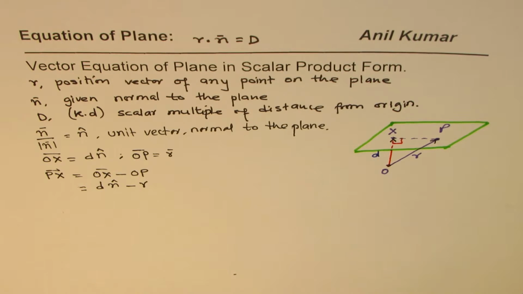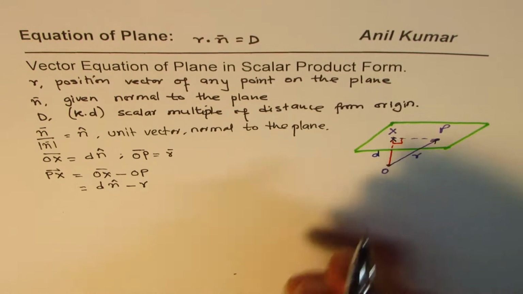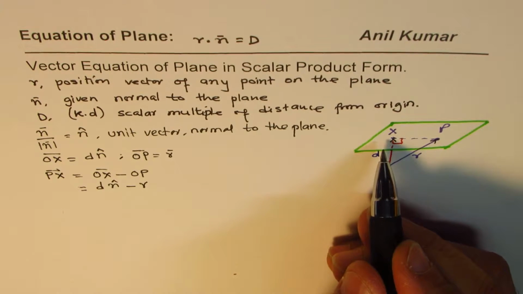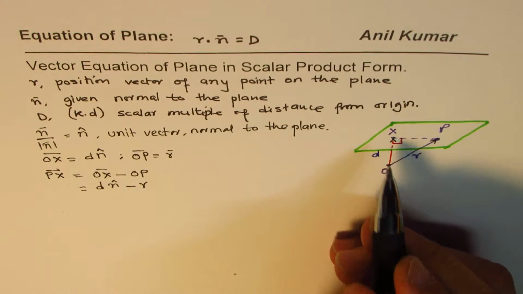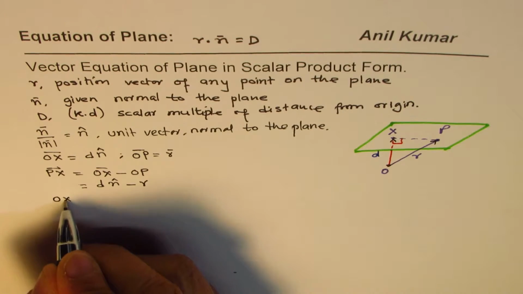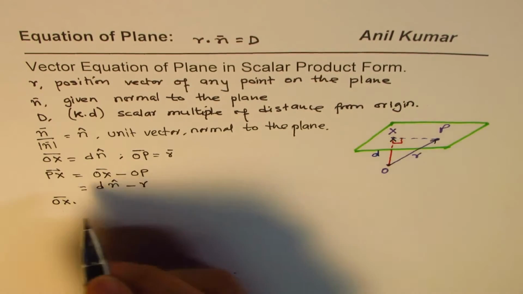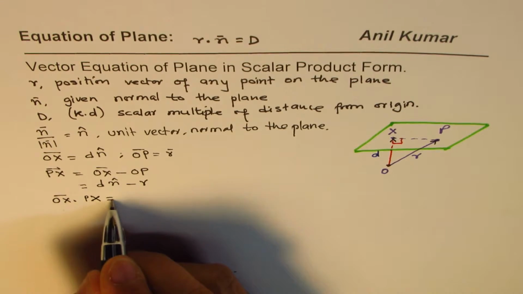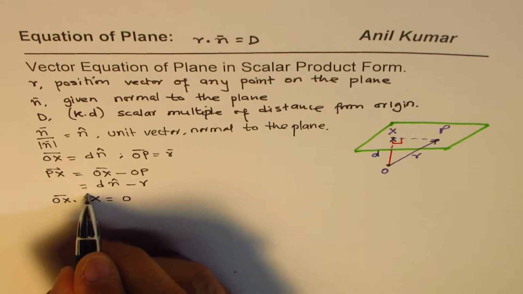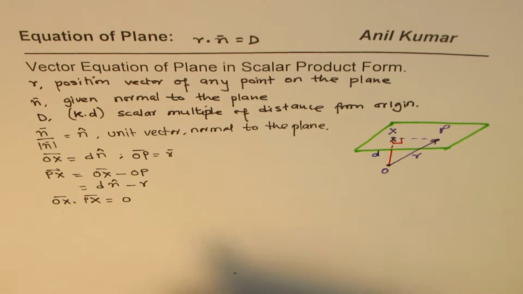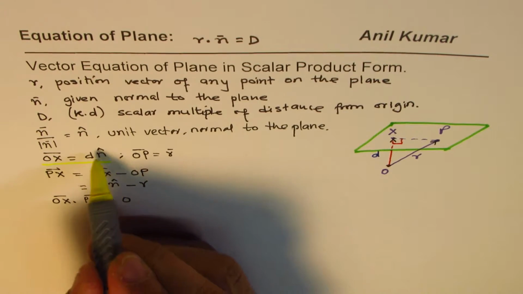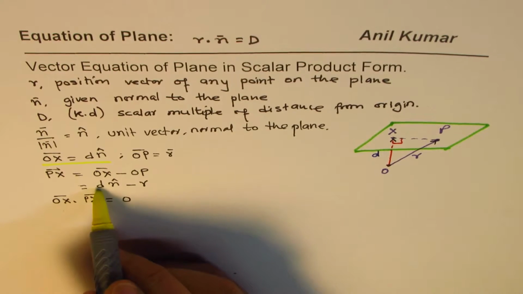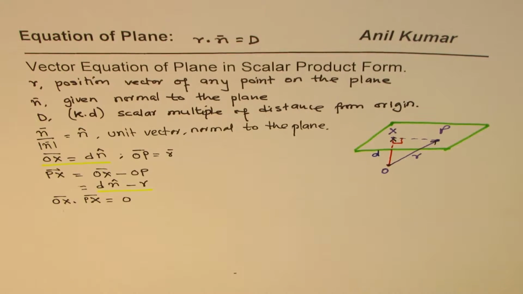From here, we can use the knowledge of dot product to relate OX and PX. We have OX dot PX equal to 0, since they are at right angles. Now we have developed what OX is: d times n. PX is this, so we substitute these values.